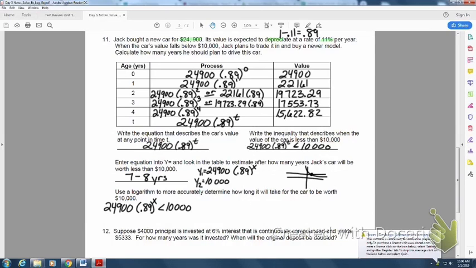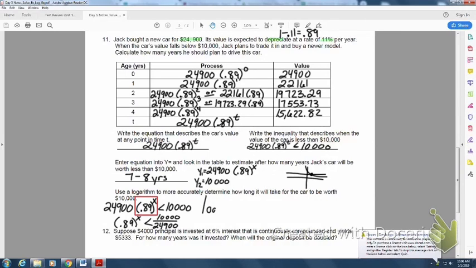Okay. I need to get the exponent and its base by itself. So I'm going to divide 10,000 by 24,900. And now I can fishhook this.